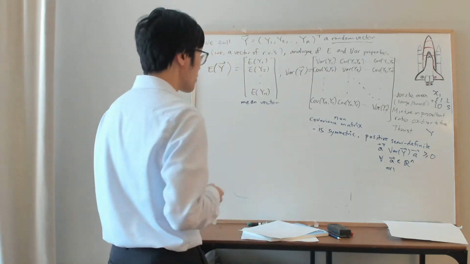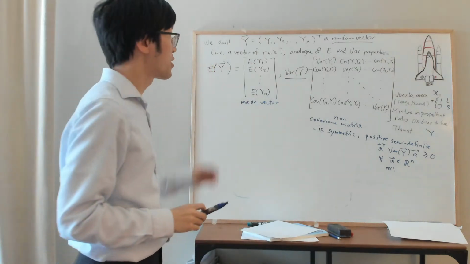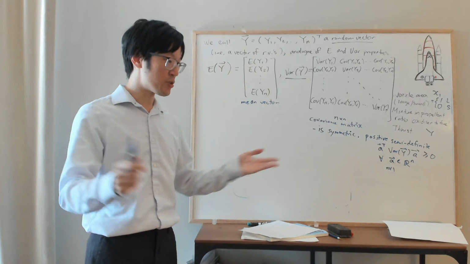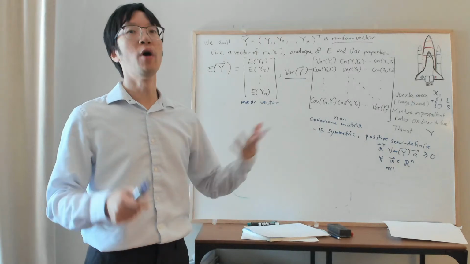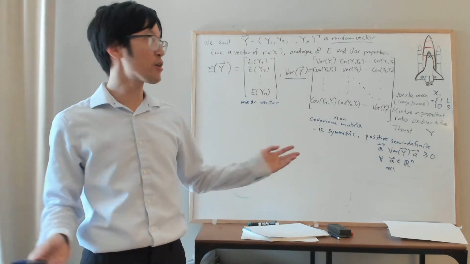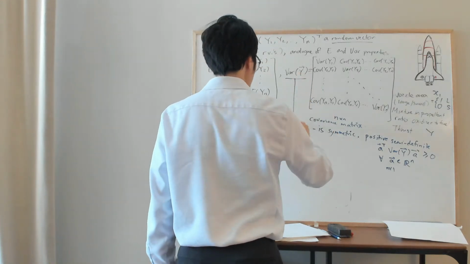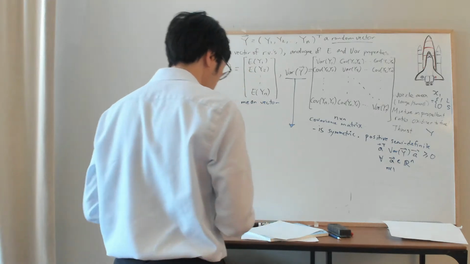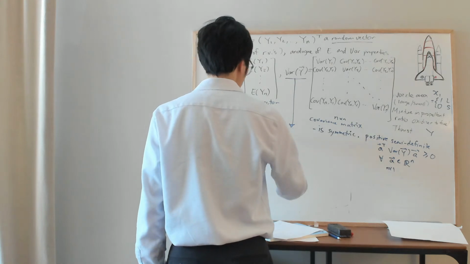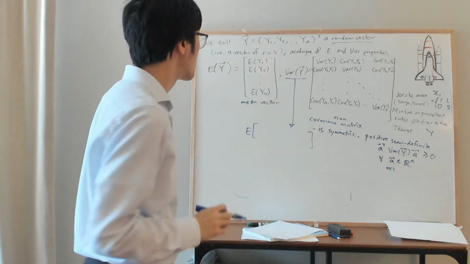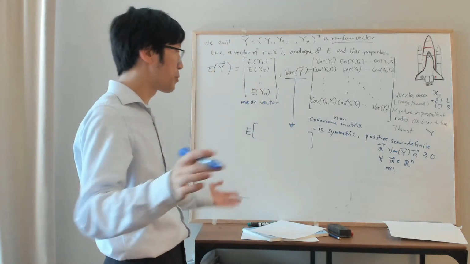Remember that variance can be written as an expectation. When we're dealing with just a single random variable, we could write the variance of y as the expectation of y minus E of y, all squared. In the random vector case, it looks similar. So this can also be expressed as E of something. Because we're dealing with a vector, instead of squaring, we have to multiply by the transpose.